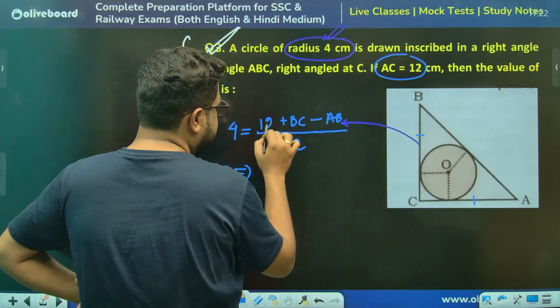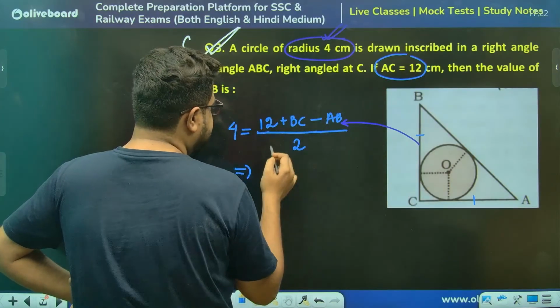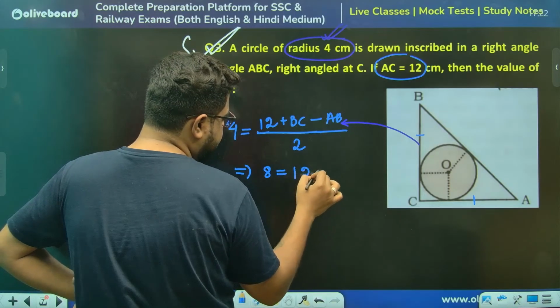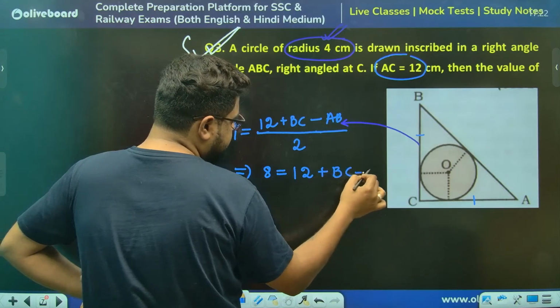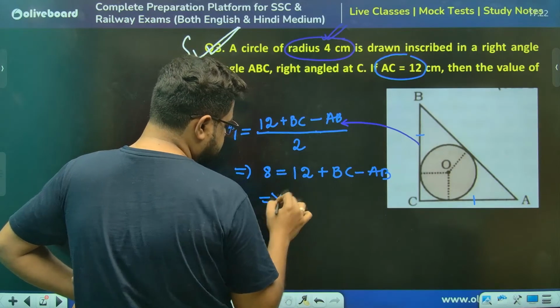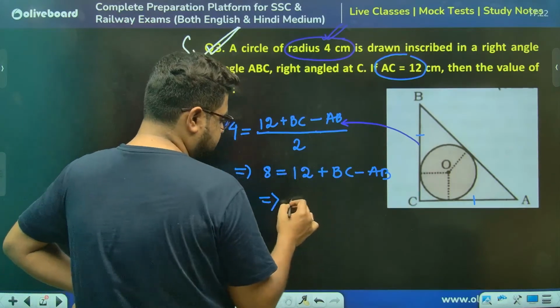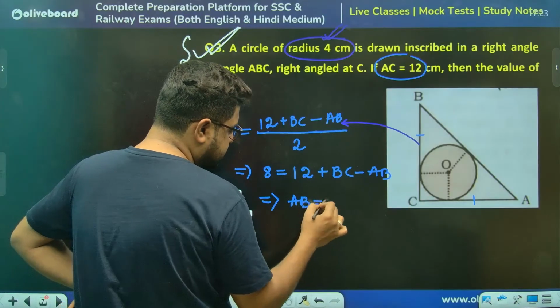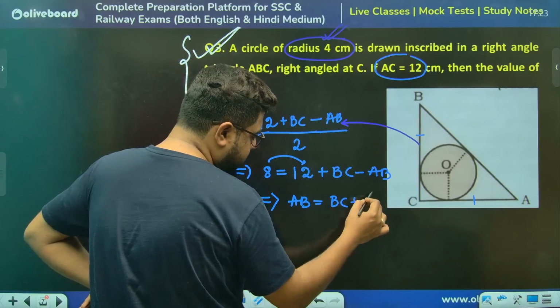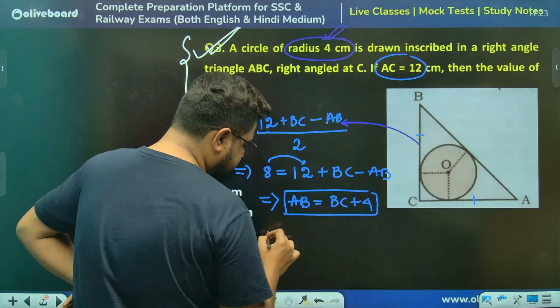So put it here, and this will go to that side. It will become 8 is equal to 12 plus BC minus AB. So this will come to this side, so AB becomes, this is this side, so 4. So BC plus 4.